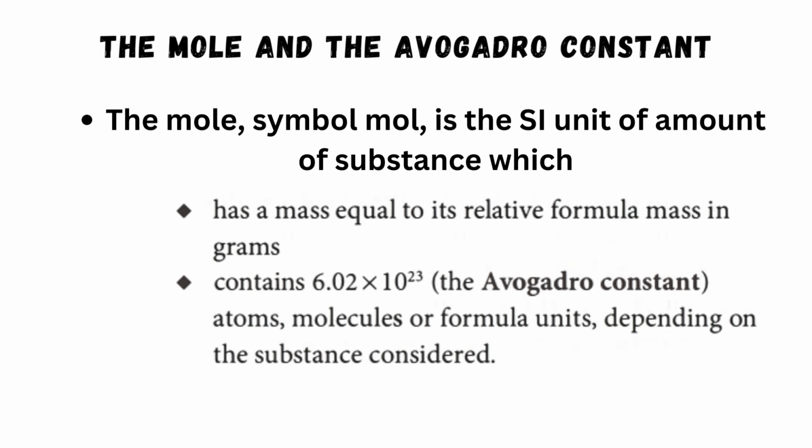The mole and the Avogadro constant. The mole, symbol mol, is the SI unit of amount of substance which has a mass equal to its relative formula mass in grams. It contains 6.02 times 10 to the power 23, which is the Avogadro constant, atoms, molecules, or formula units depending on the substance considered.